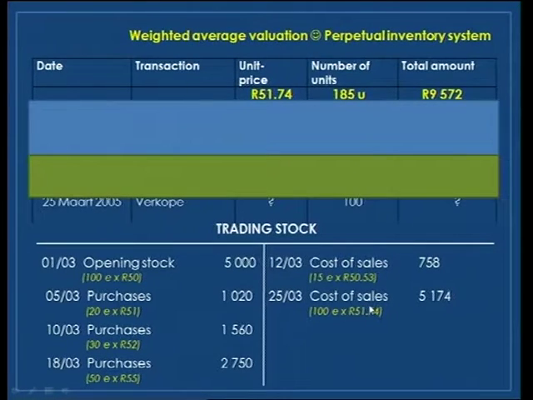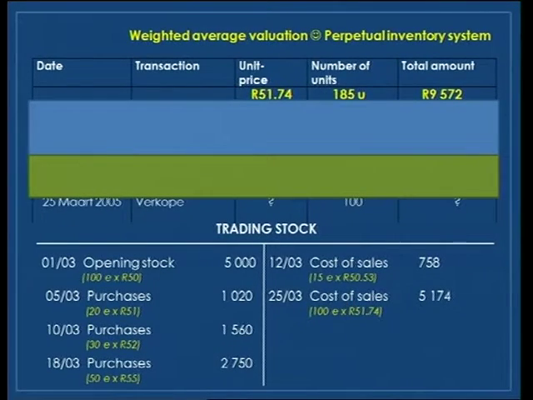Okay. So, very important, we are busy doing the perpetual weighted average, and that's why we're doing this T account. Because we're doing the perpetual, it says we need to calculate cost of sales whenever sales take place. Okay, right through the year.